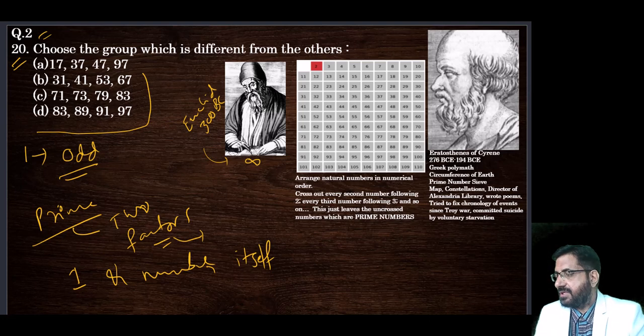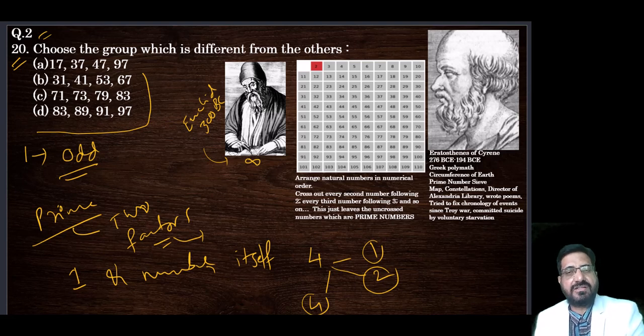For example, if I take 4, it can be divided by 1, then 2, and the number itself, 4. These are the factors. Factors are divisors that divide the given number completely, without any remainder. If I divide 4 by 1, the remainder is 0.